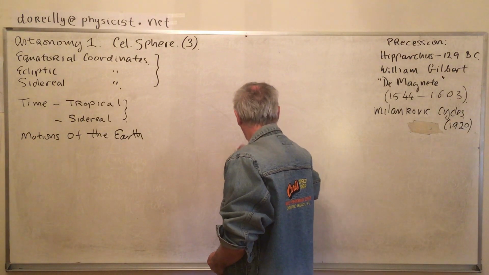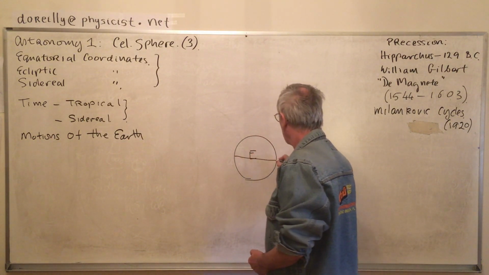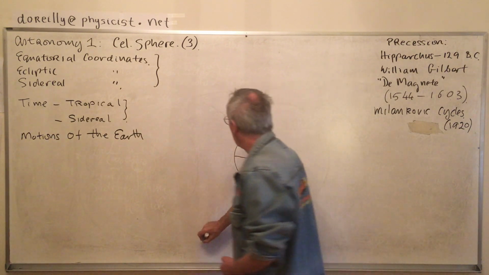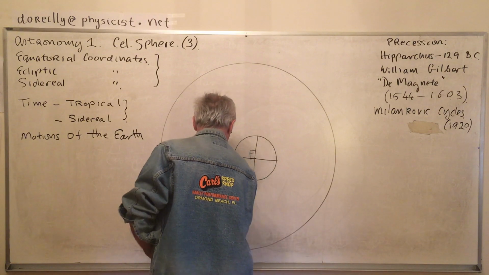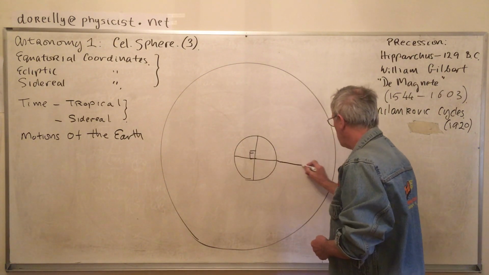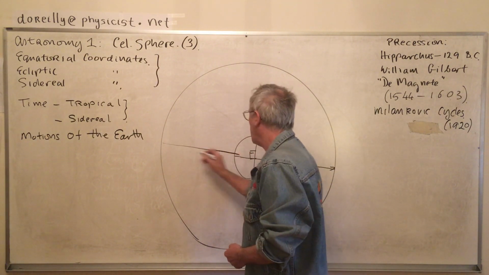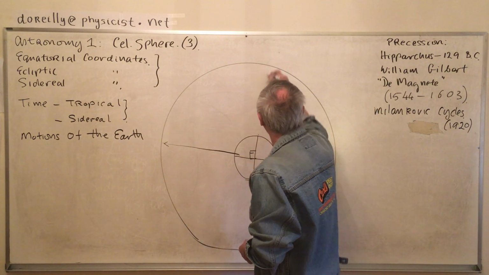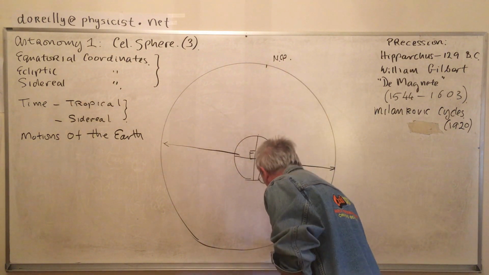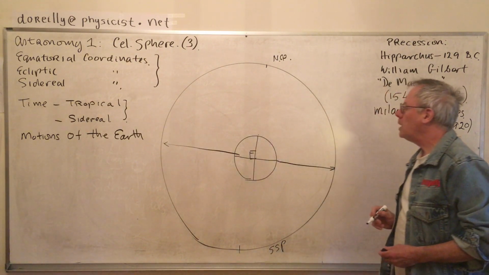As I discussed, we put the Earth with its equator and axis inside the celestial sphere. The celestial sphere contains a projection of the Earth's equator and a projection making the north celestial pole and the south celestial pole as points on the equator.